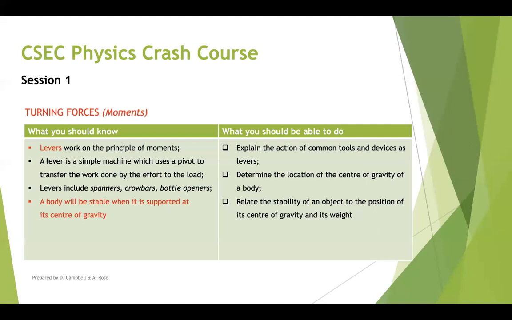Now, second class levers have the fulcrum or the pivot at one end, and the effort, the force that is applied, at the other end, and the weight or the load that is being lifted is in the middle.